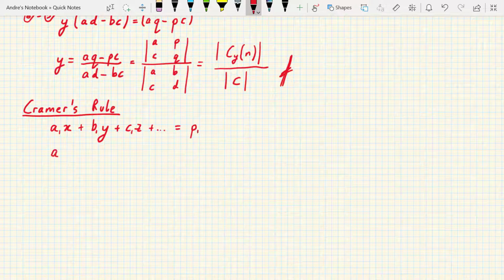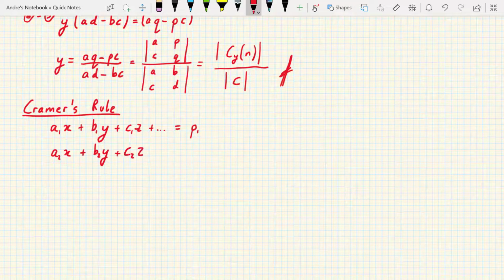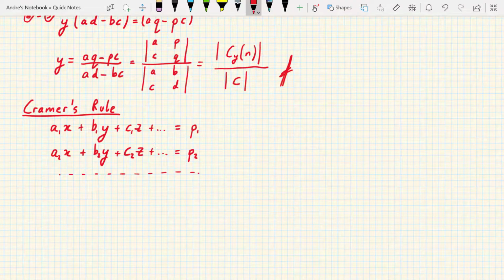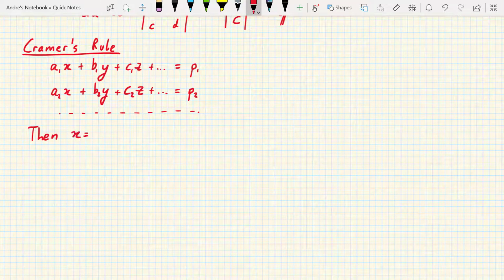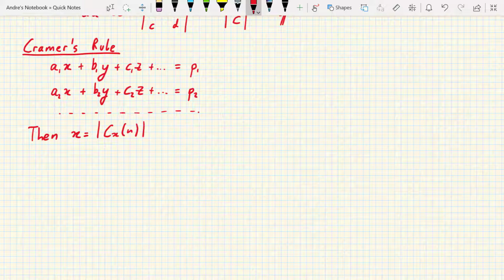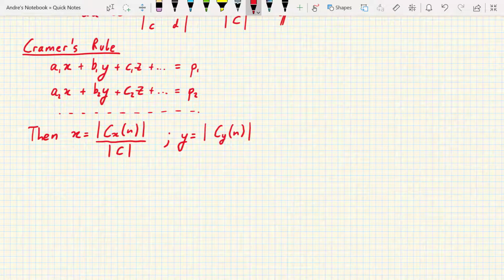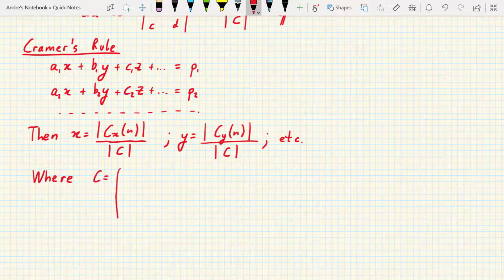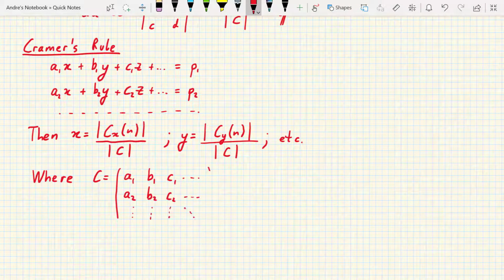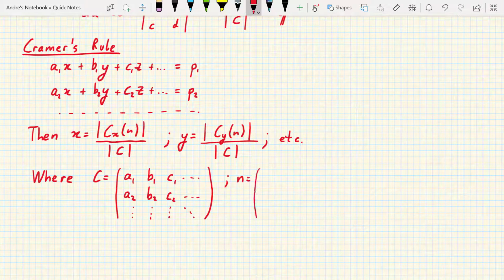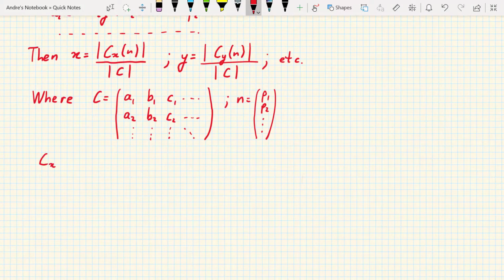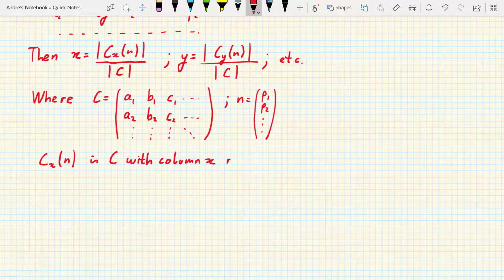If we have a system of linear equations, a1x plus b1y plus c1z, etc., equals p1, a2x plus b2y plus c2z, etc., equals p2, and so on, then x is equal to the determinant of cxn over the determinant of c, where c is the matrix of coefficients, n is the column vector of p1, p2, etc., and cxn is the matrix formed by taking c and replacing column x by vector n.